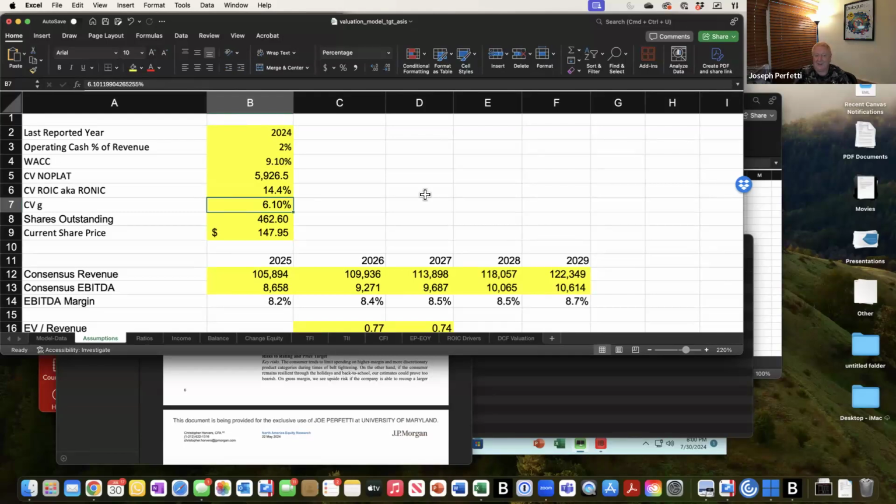Now, when you do that and you say, well, this doesn't look reasonable, then what you're really saying is I'm probably going to model something that says my target is below this. But you still have to model whatever that price is. And that's what we're calling the as is, whether you agree with it or not, because that was where they closed today. But you're right, a G for a company like Target of 6%, for that size company in retail, does seem somewhat aggressive in a perpetuity.